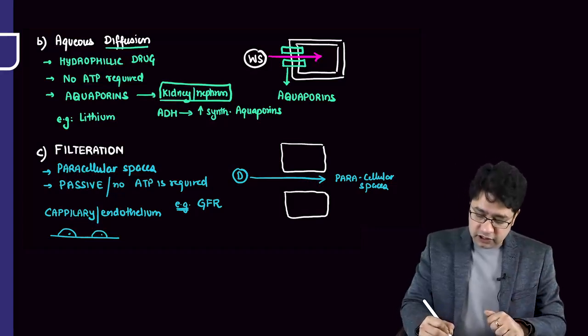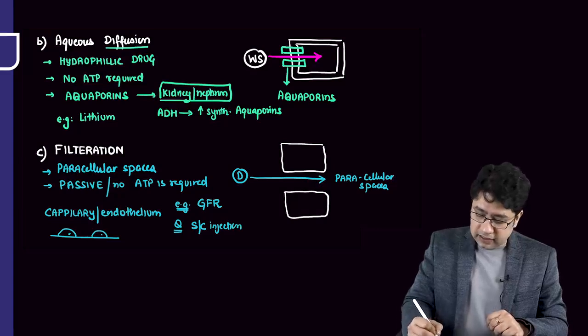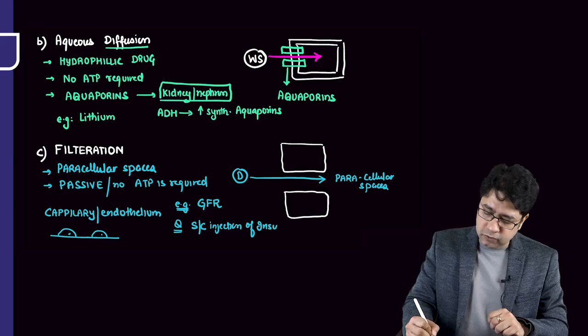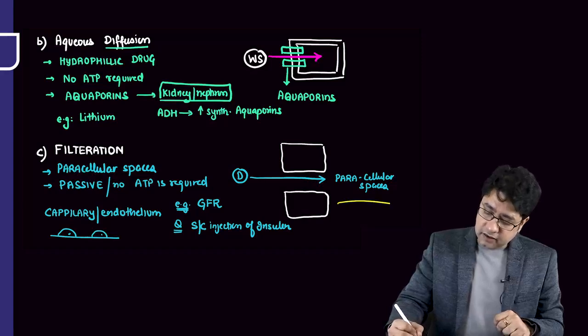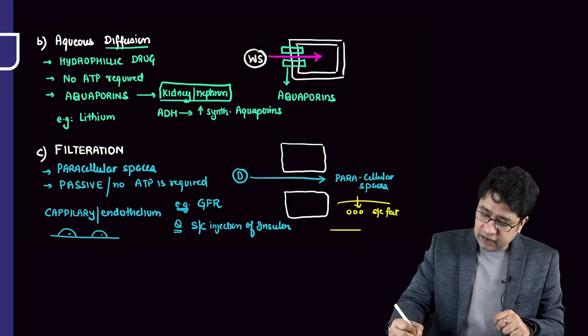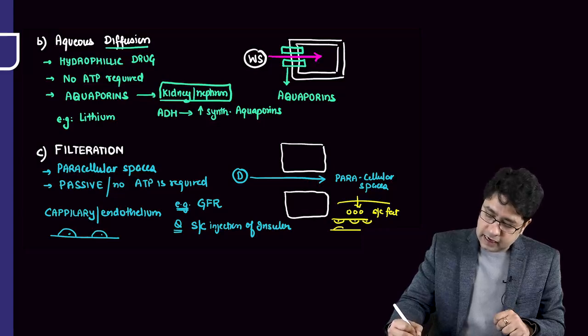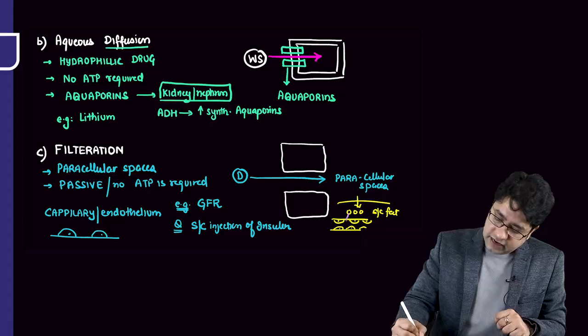Another very important question is when we give a subcutaneous injection of a drug, let's say a subcutaneous injection of insulin, very commonly used for treatment of diabetes. So what happens when we give a drug into fat? So this is subcutaneous fat. Between subcutaneous fat, we have endothelial cells of capillaries. And from these capillaries, the drug from subcutaneous fat enters into the blood.